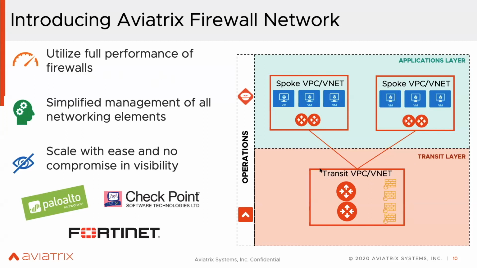The management and operations is extremely simple, because now we are managing and programming all these routes, the routes in the gateway, the route in the VPC, the routing in the firewall, routing in these Spoke gateways, and also the Spoke VPCs or VNet. Okay, so now you can deploy these firewalls without any compromise, with the full visibility and operations in place.